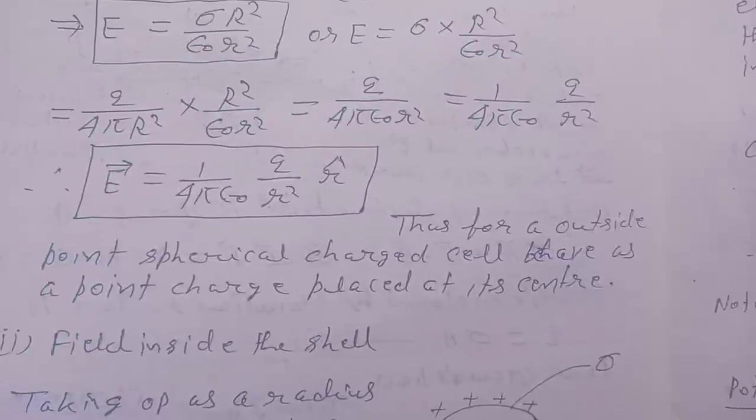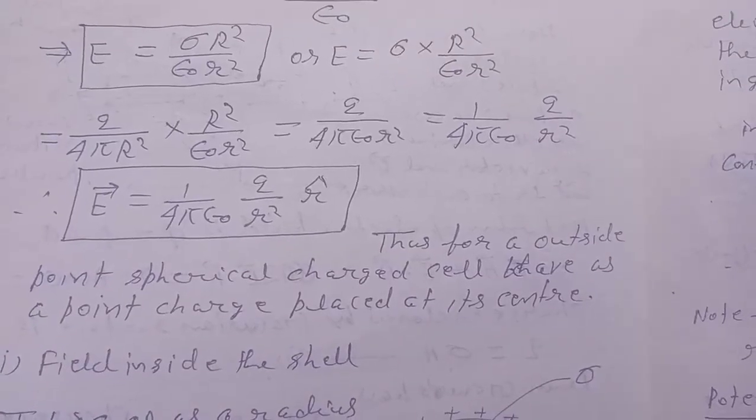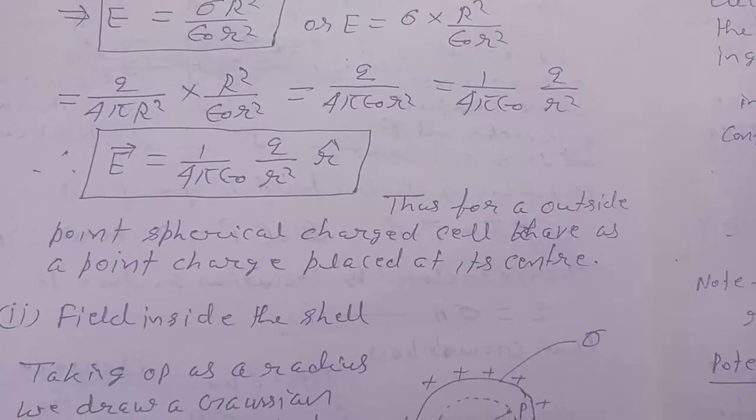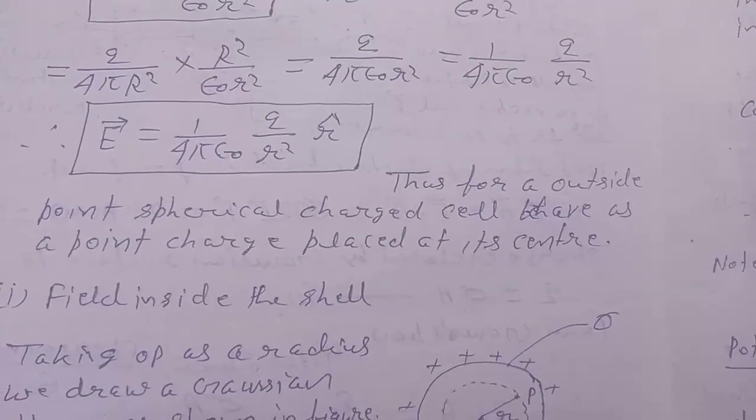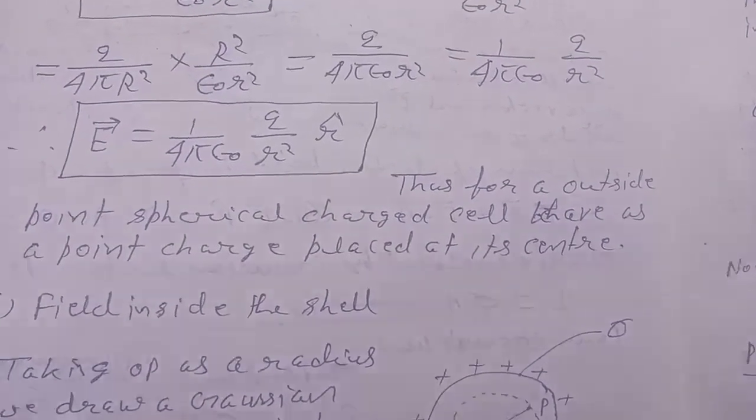Hence E vector equals 1 by 4 pi epsilon naught Q by r square into r cap. Thus for an outside point, a spherical charge shell behaves as a point charge placed at its center.